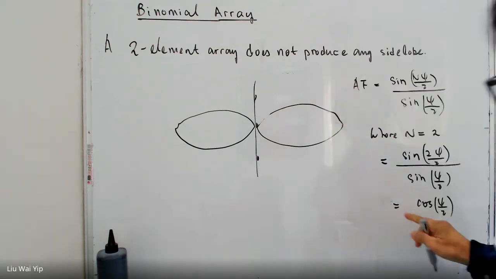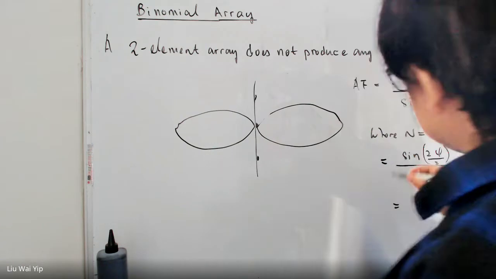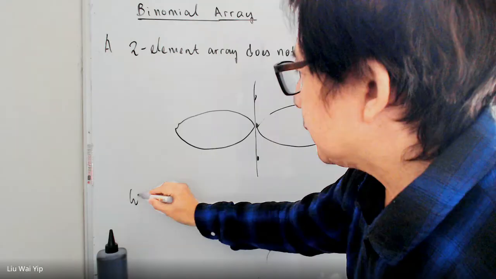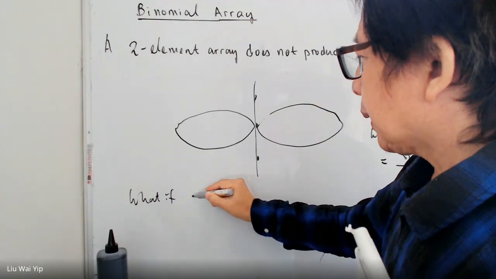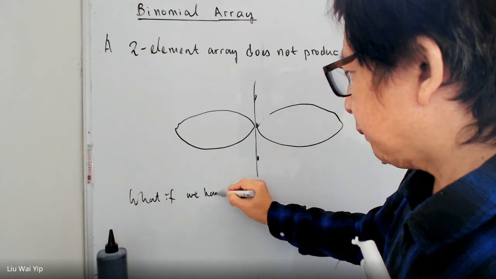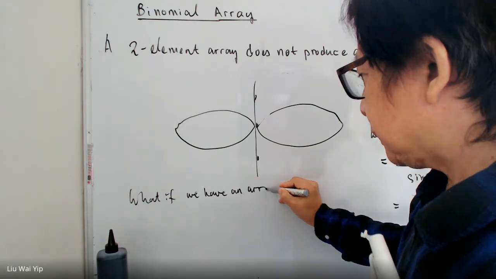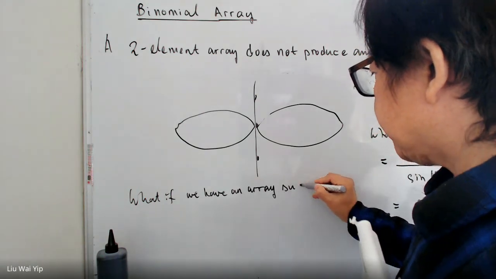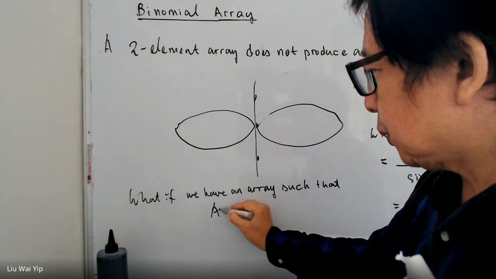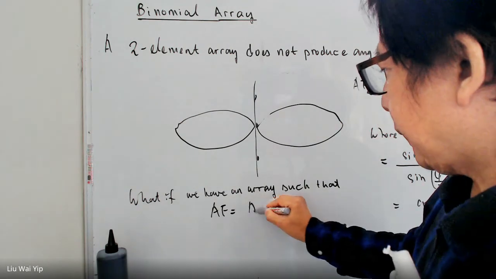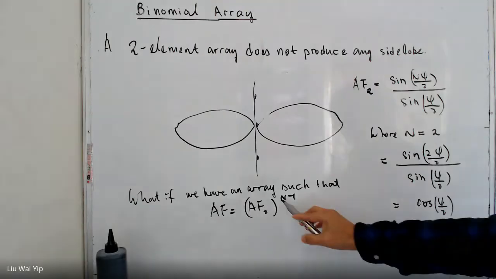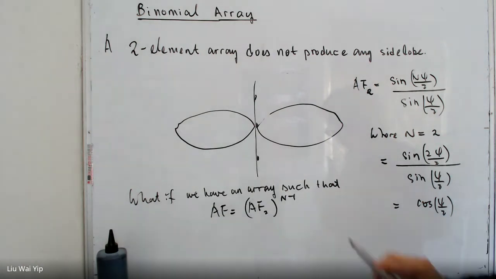So for instance, if this one is the array for two elements, we have an array such that the array factor is equal to AF2 self-multiplied by n minus 1 times.